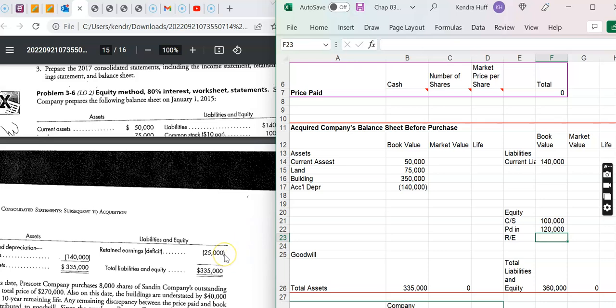And this is interesting. It has brackets around it, so it's actually a deficit. And it has a debit balance when it should have a credit. So I'm having to do it opposite of what it should be.